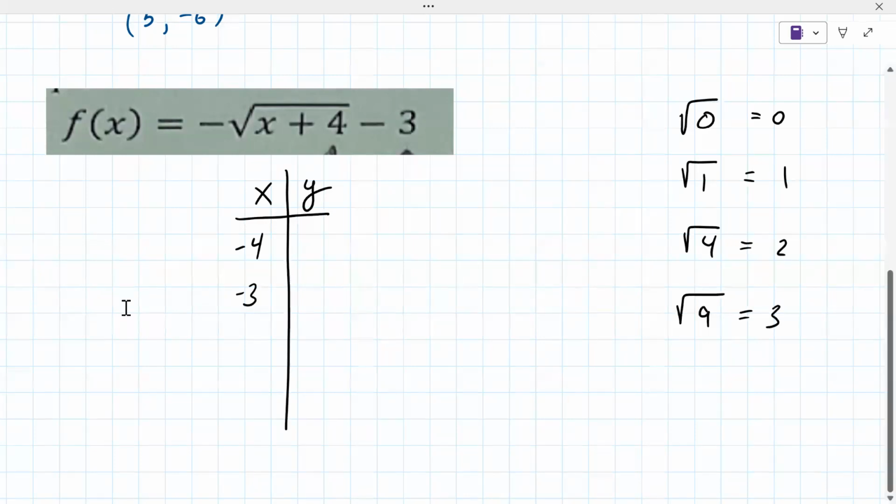And then to get to 2, what number would go here? -2. And then the last one, I'm sorry, I misspoke there. We want the square root of 4, that's 2, so 0 plus 4 is 4. And then you get to 9, it ends up being 5.